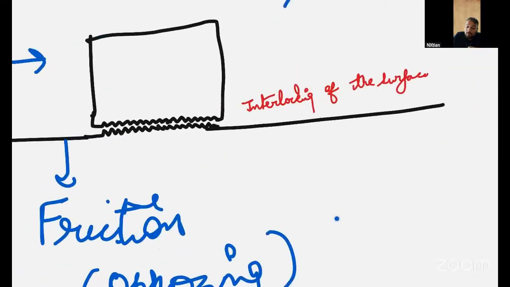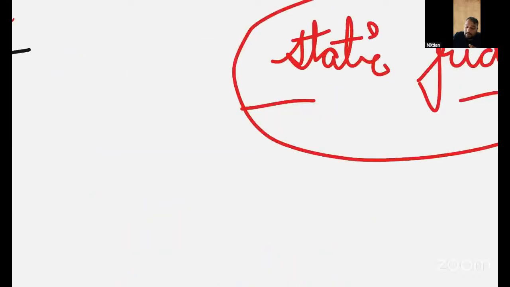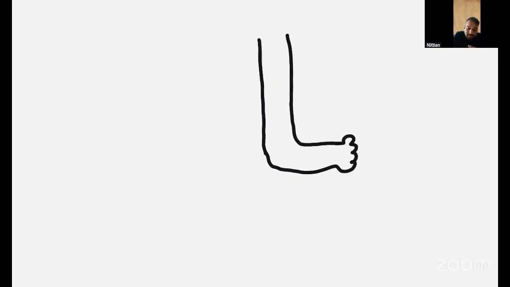What happens when you walk on the floor like this? So, I will make another diagram. For example, this is your leg. David, why are you laughing? Okay, so this is your leg.